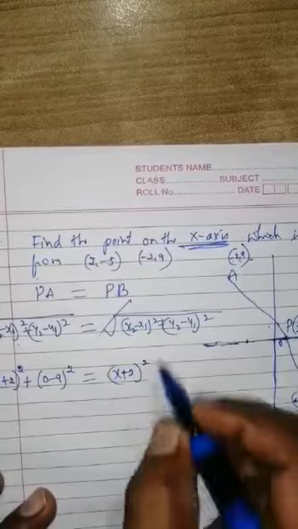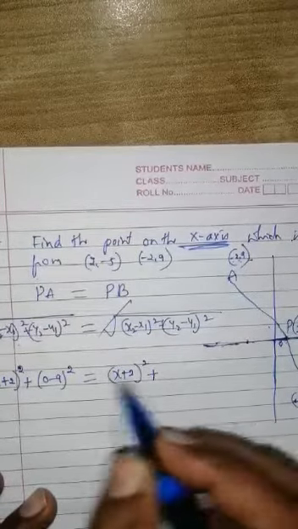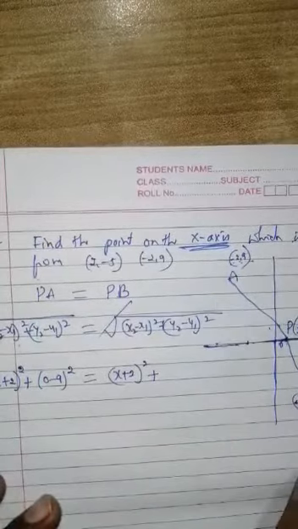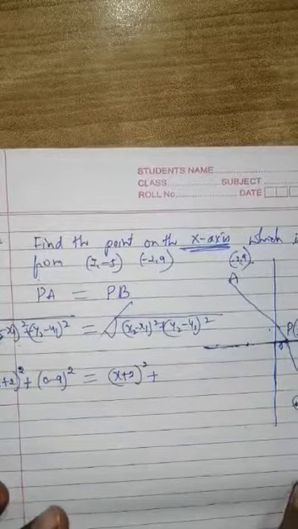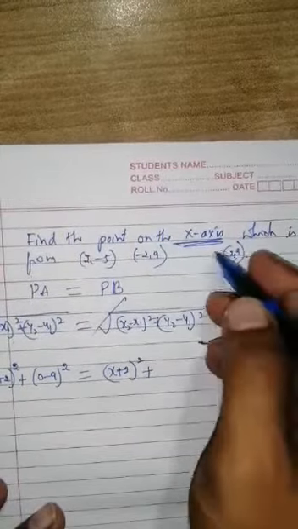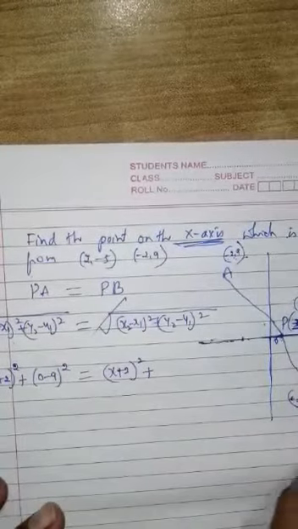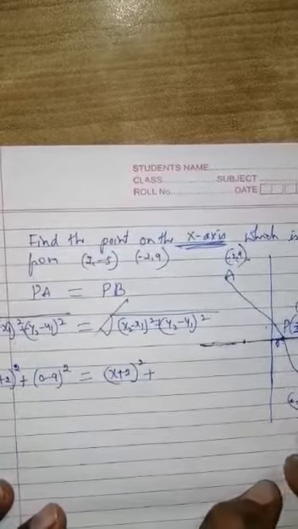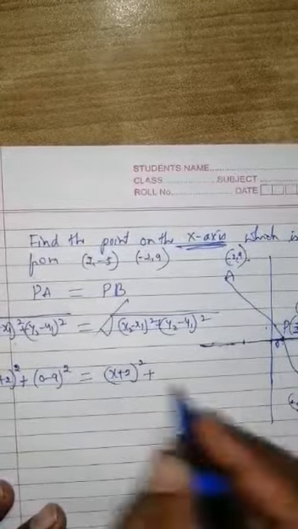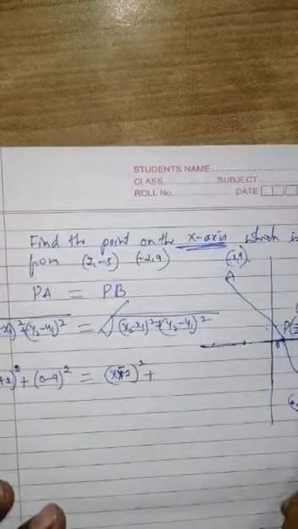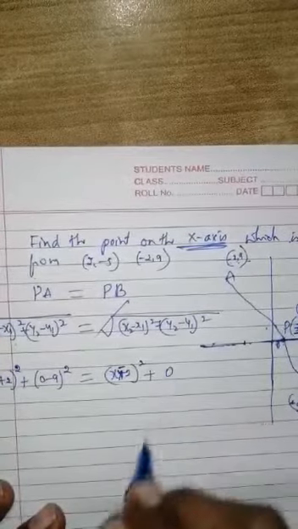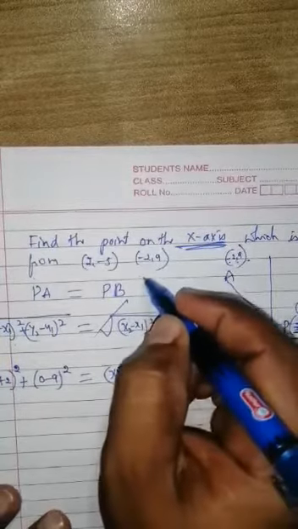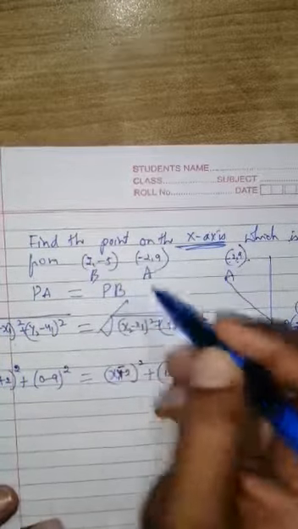Sorry, this is P and A. We just got confused here, but no problem. PA is (-2, 9); PB we must use now, (2, -5). So this is (x minus 2) whole square and (0 plus 5) whole square. Hope you understood. I have taken this as A and this as B, not a big issue.